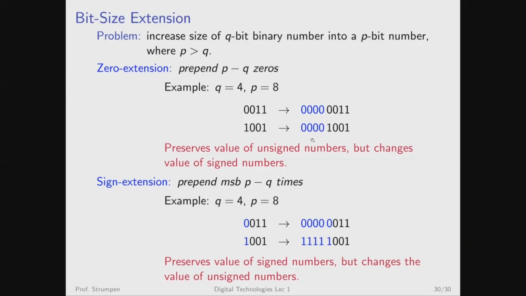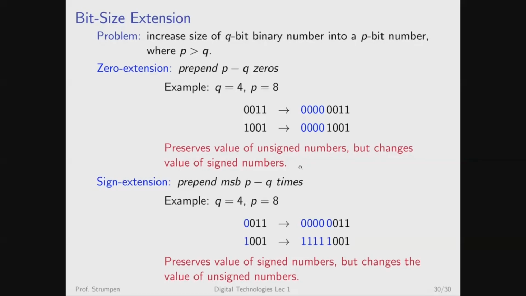This is a positive, this is a negative number. So remember, blindly zero extending numbers from 4 bits to 8 bits, or q to p bits, is dangerous if you interpret the numbers as signed numbers. It works fine if you consider the numbers to be unsigned.